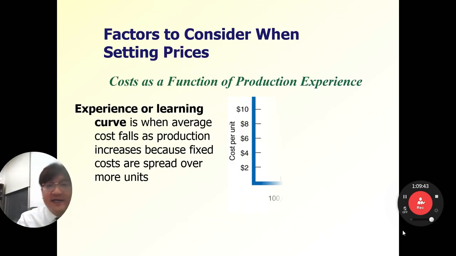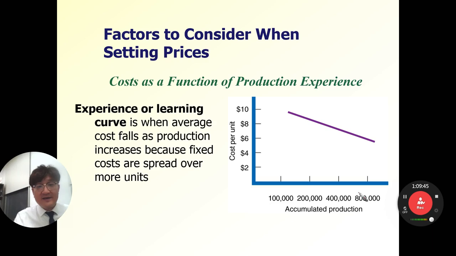Alright, like I said, the fixed cost, although it sounds fixed, the total amount of fixed cost doesn't change. However, the fixed cost per unit changes over different levels of production. That is what I said, right?